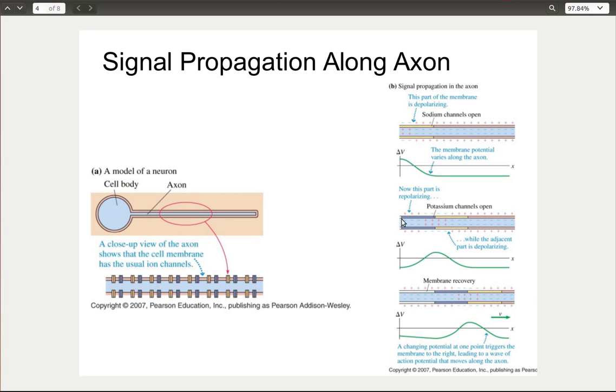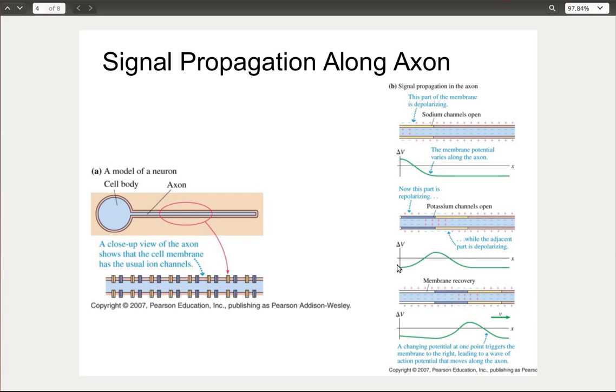Following that, when the potential difference rises to roughly 40 millivolts, the sodium channels will close, the potassium channels will open, and potassium will flow out, reestablishing the negative charge and the negative potential inside.